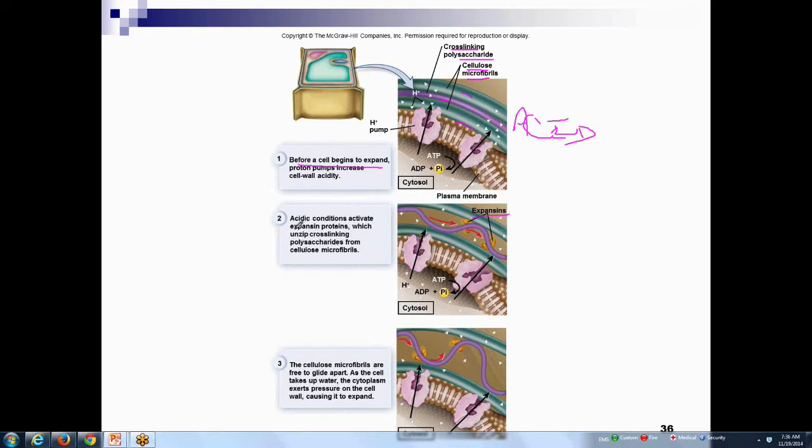You start seeing expansin proteins popping up, and they begin to unzip the cross-linking polysaccharides from the cellulose microfibrils. So that glue, if you will, that sort of zipper of the cross-linking polysaccharide breaks down, and the cellulose microfibrils are free to even glide apart, and then the cell can easily expand as the cell wall structure is much less rigid.